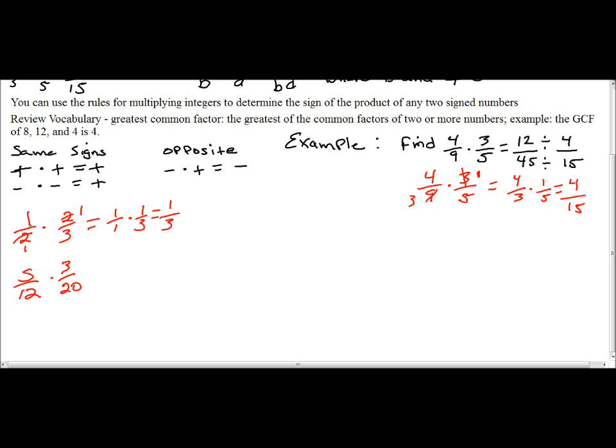Okay. Oh, I see. 3 into 3 one time, 3 into 12 four times, 5 into 5 one time, 5 into 20 four times. So here I'm looking at 1 over 4 times 1 over 4, and denominator times denominator gives us 16. Numerator times numerator gives us 1.